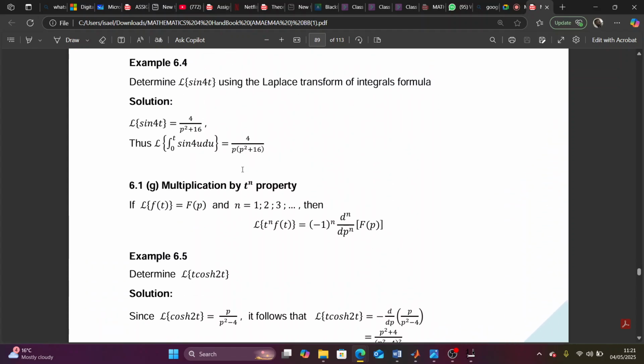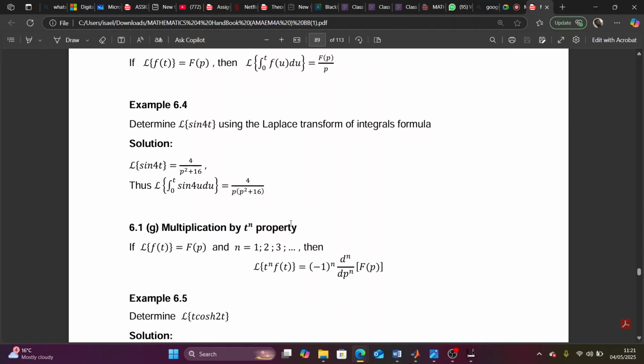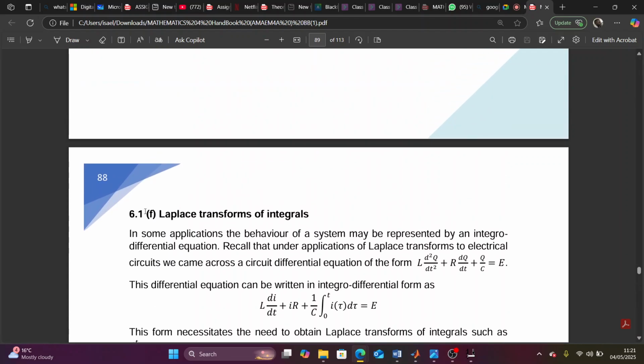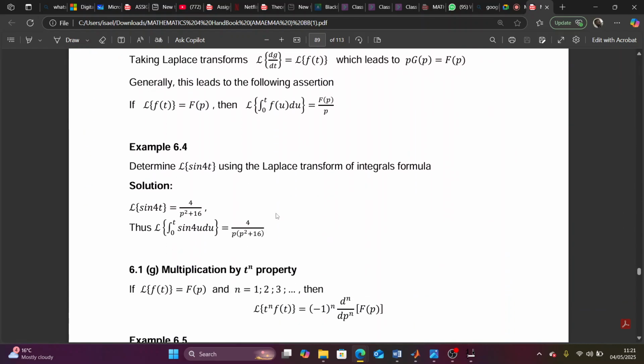I think what is very, very important here is applying the integral formula property. What is this idea? What is being explained on the Laplace transform of the integrals? This is what is very, very important. Now they say determine L sin 4t using the Laplace transform of the integral.